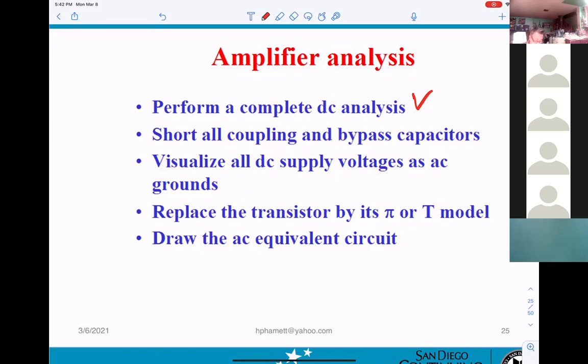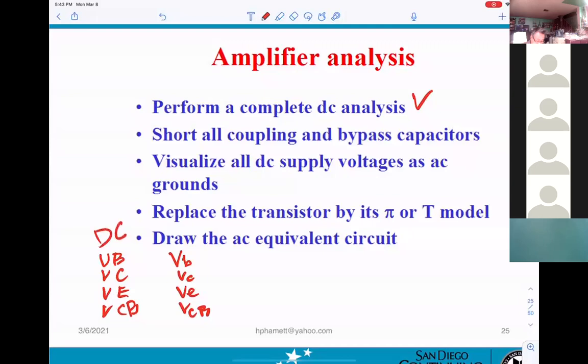If I say VB, VC, VE, VCB, for example, in capital letters, then you understand that it stands for DC.